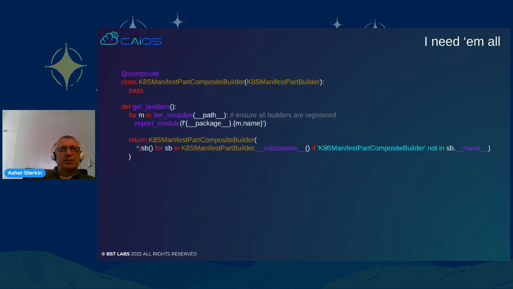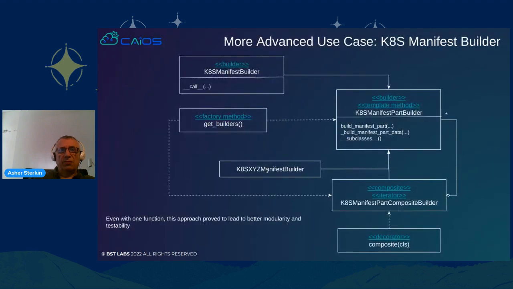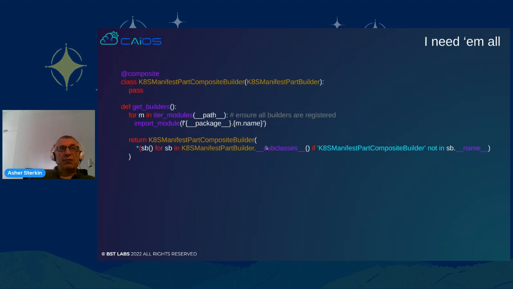And here's a nice trick we could apply, again playing with basic Python facilities. I could just traverse the models on the same path I have and import them one by one. Since all these subpath builders are in the same package, they will be collected by Python's subclasses magic method, and then I could create a composite for that.